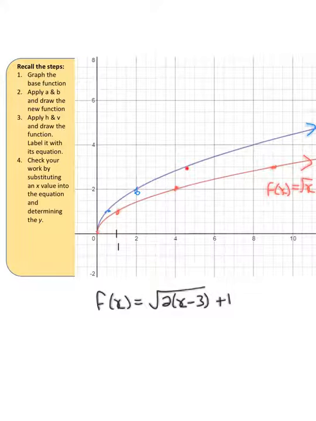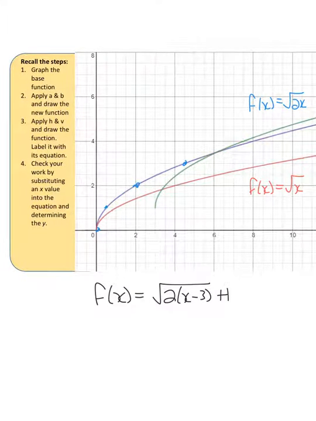So it's going to be right here. So that's what you would do. You would graph those key points, and then you would graph your new function, which has the equation f of x equals the square root of 2x, and that is because we've not applied the shifts.